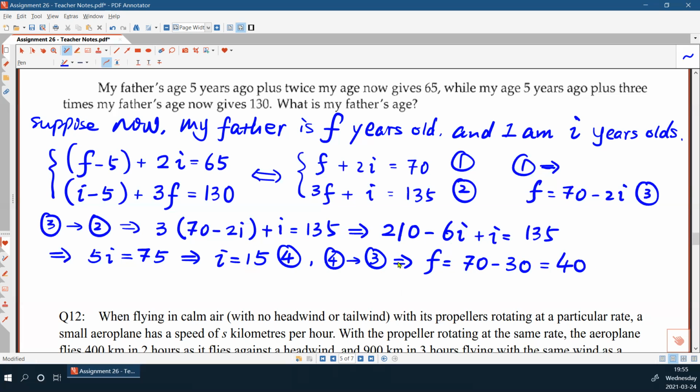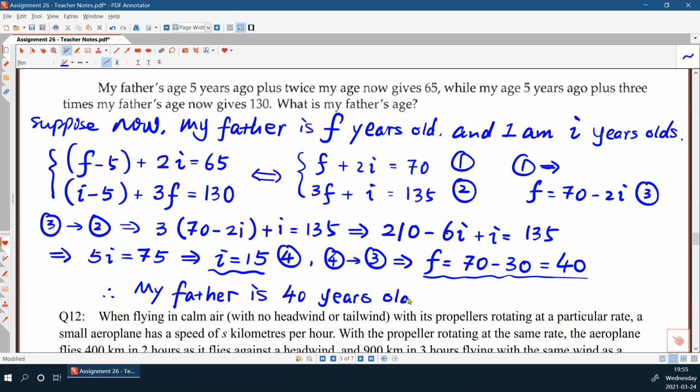Okay, so here we have solved I and F. It only asks you the value of F, which is my father's age, right? So let's make the conclusion. Therefore, my father is 40 years old now. Right?